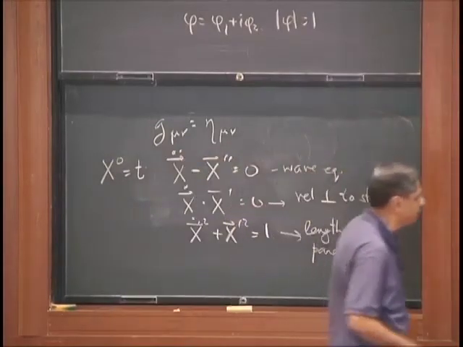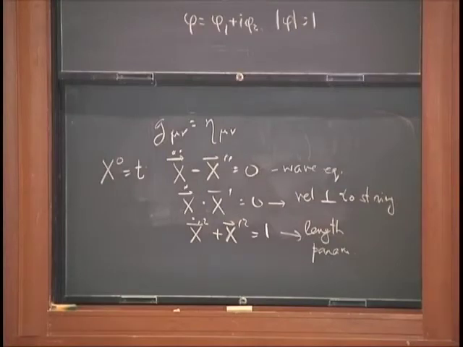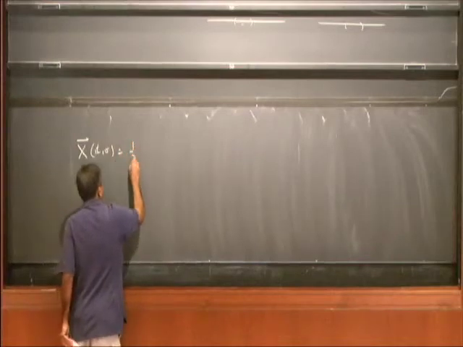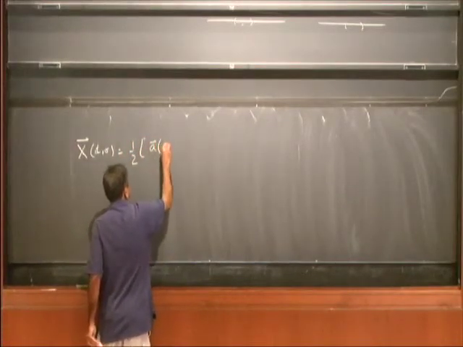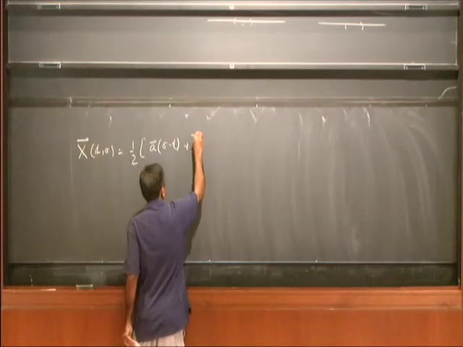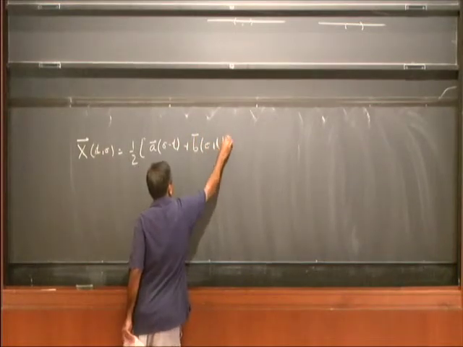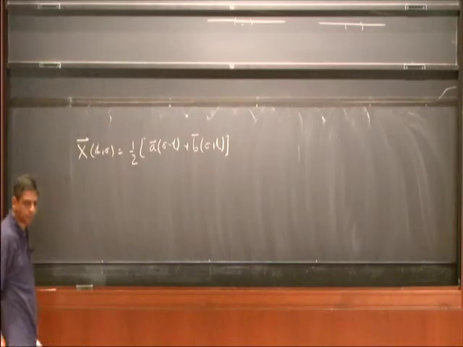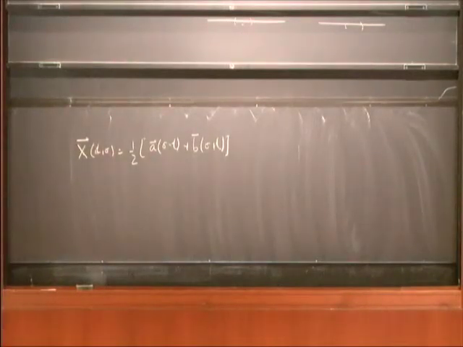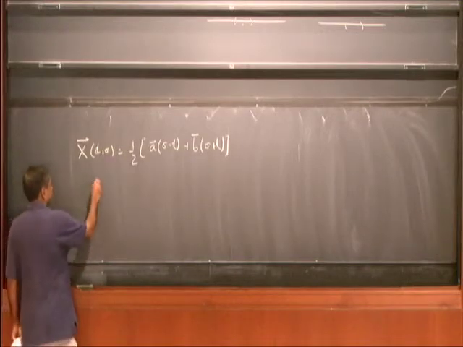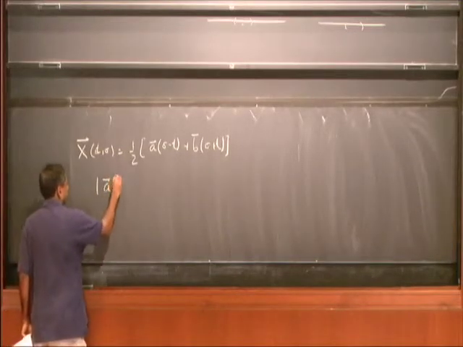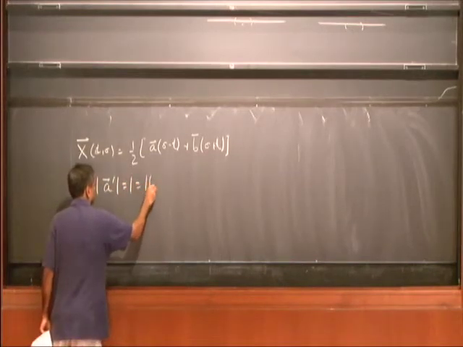Okay, to solve these equations, it's quite easy. You write x of t and sigma as the sum of left and right movers. And then that automatically solves the first equation. Now you plug that into these two, and what you find is that the next equations imply that A prime is equal to 1 is equal to B prime.